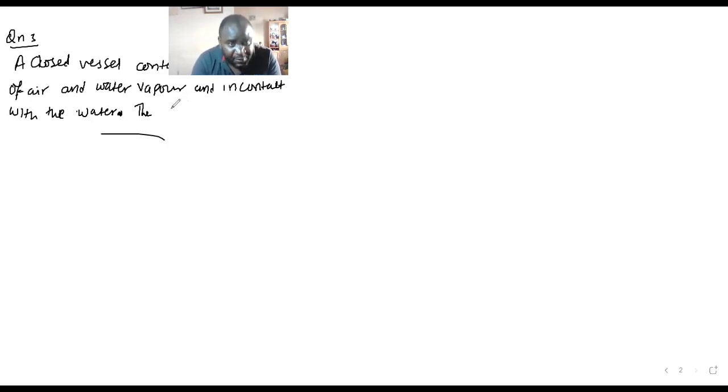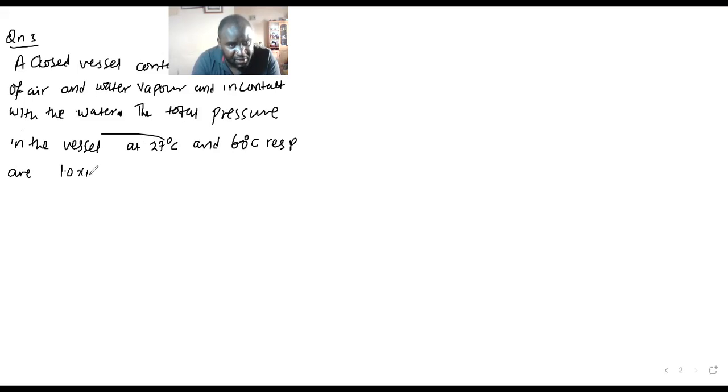So the total pressure in the vessel at 27 degrees Celsius and 60 degrees Celsius, respectively, are 1.0 times 10 to the power 5 pascals and 1.3 times 10 to the power 5 pascals.